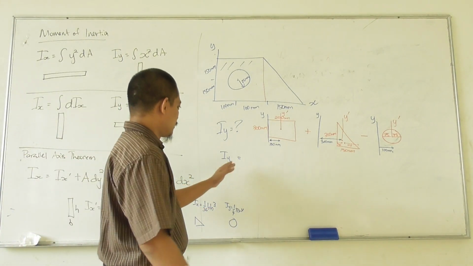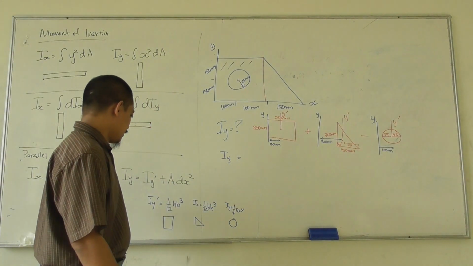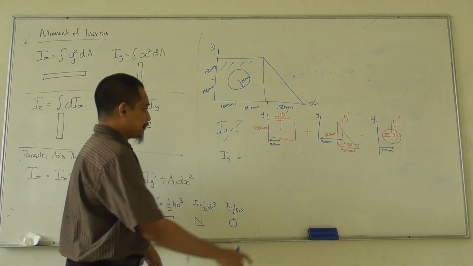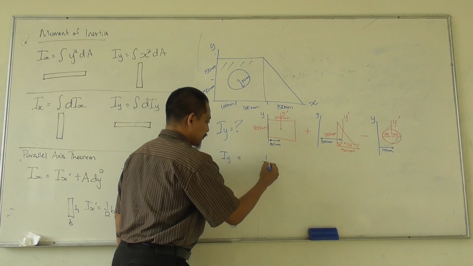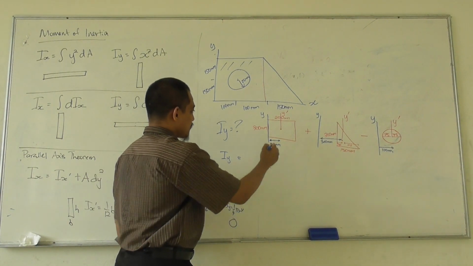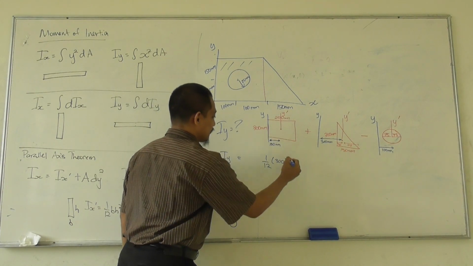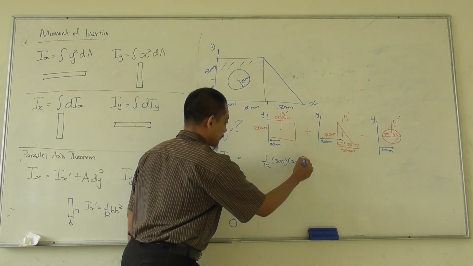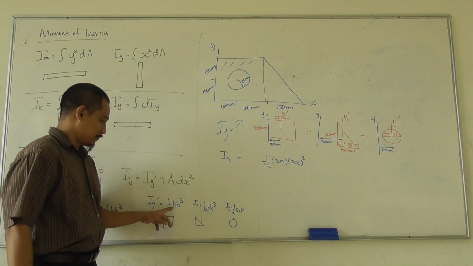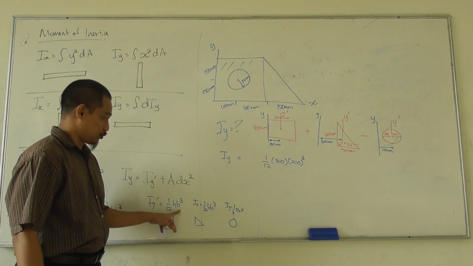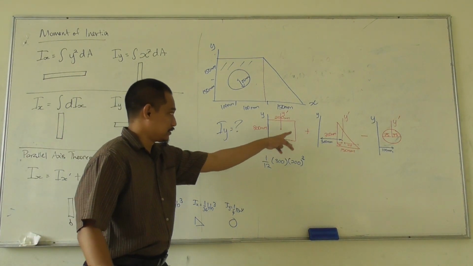Alright, now we will use this here, right? So, Iy prime for this one is 1 over 12, then you have 300, and then you have 200 cubed. This one is 300, this one is 200 for this shape here, right?